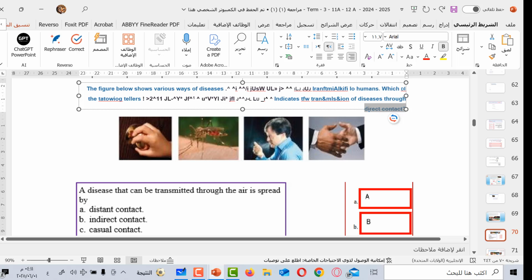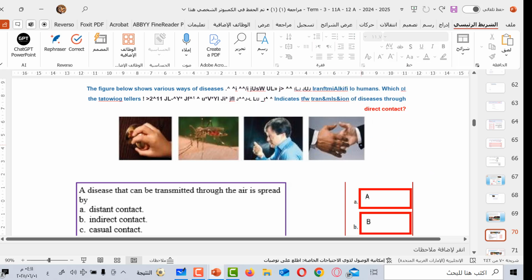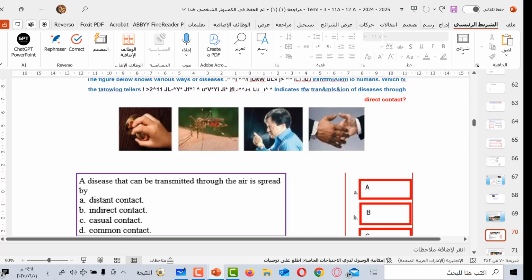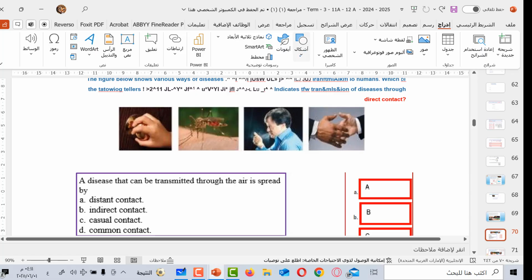Direct contact here, if the options are A, B, C, D, it means A. Here, this is A, and this is B, and this is C, and this is D, so the A is true.